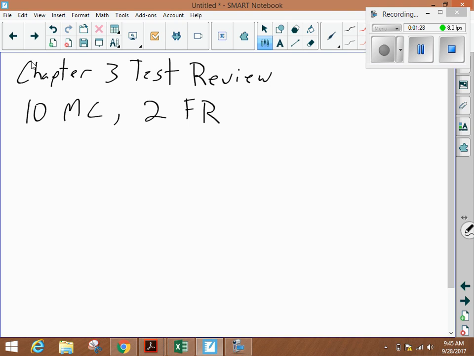I'll try to be forgiving on those because the first free response has parts A, B, C, D, and E, and the second one has A, B, and C. So the first one is quite large. Number 11 has many parts. Number 12 is not too many.